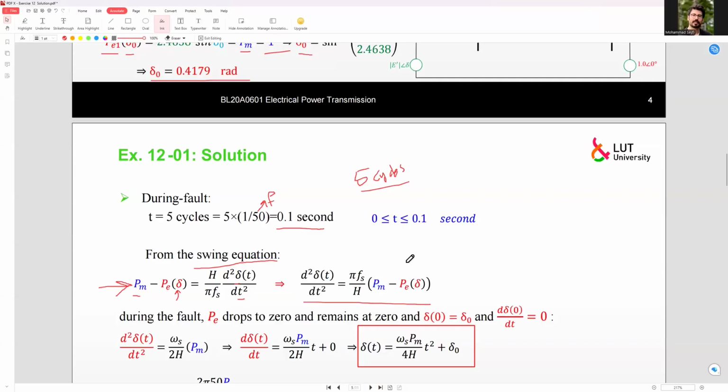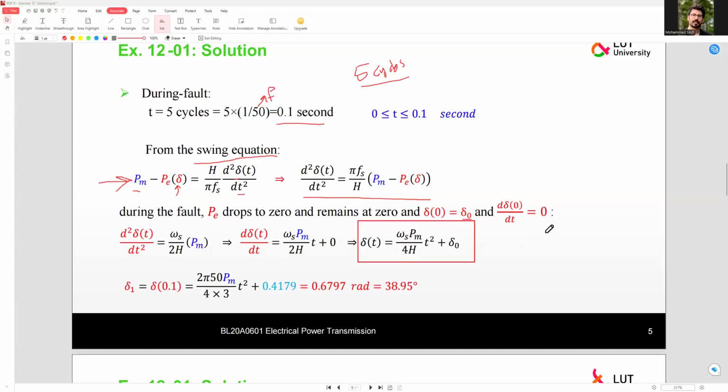And during the fault, we consider that the delta zero is still equal to the delta that we had. Because we had the steady state condition, the variation of delta at moment zero, or t equal to zero, which is the moment that we see the fault, is still zero relative to the steady state that we had in the pre-fault conditions.